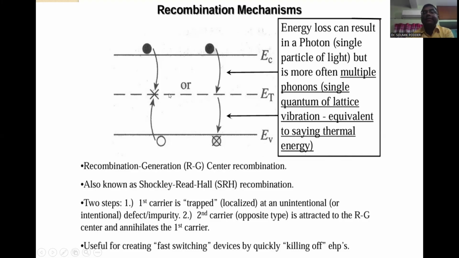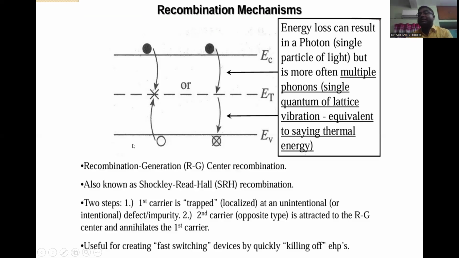So we can assume that when we apply thermal energy, not all the electrons will go directly to the conduction band. Some electrons go to the conduction band, and some are trapped inside the defect states. Those trapped inside the defect state can recombine with the holes created in the valence band.